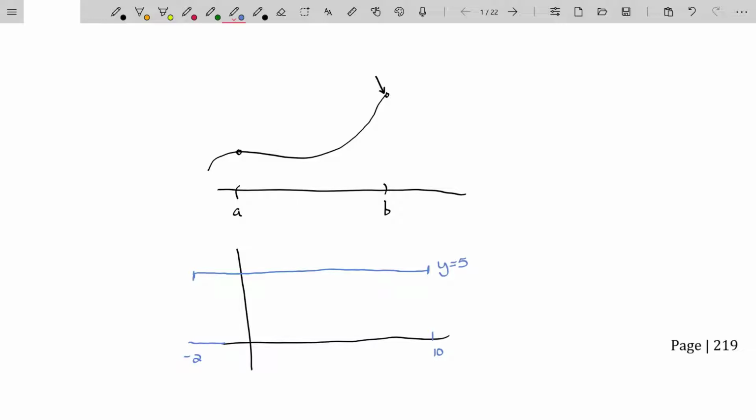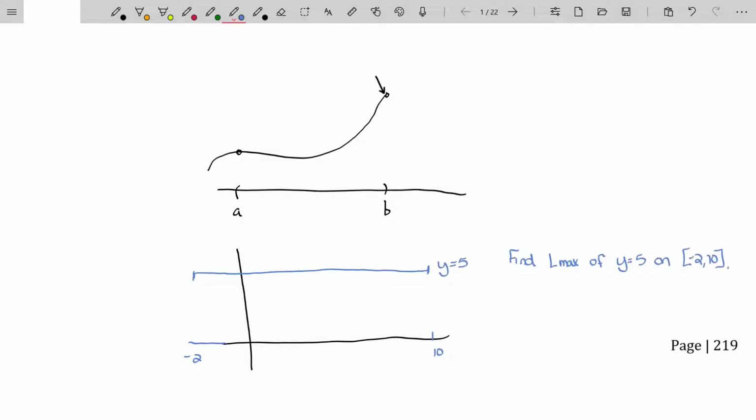And I want to know, what is the local maximum of that function on the interval -2 to 10? So find local max, and I call it L max because you're going to be writing that quite a bit, so I just use L max. So find L max of this function y equals 5 on the interval -2 to 10.